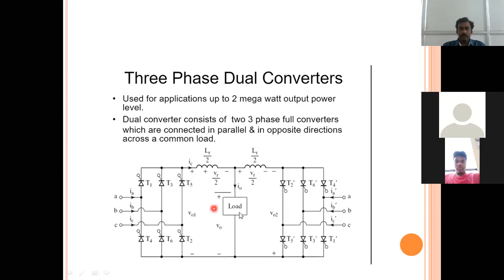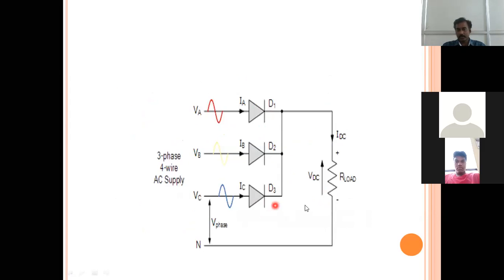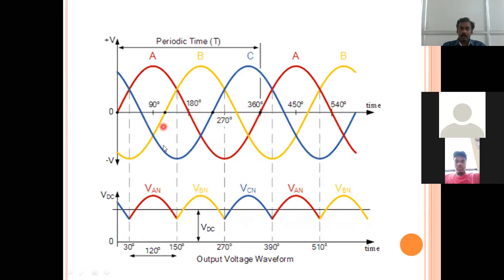This dual converter is going to have 12 switches, 6 switches for one converter and 6 switches for the other converter. Then we consider these three phase converters. This is going to be a half wave uncontrolled converter. So you are going to have an output voltage like this, which we considered earlier.